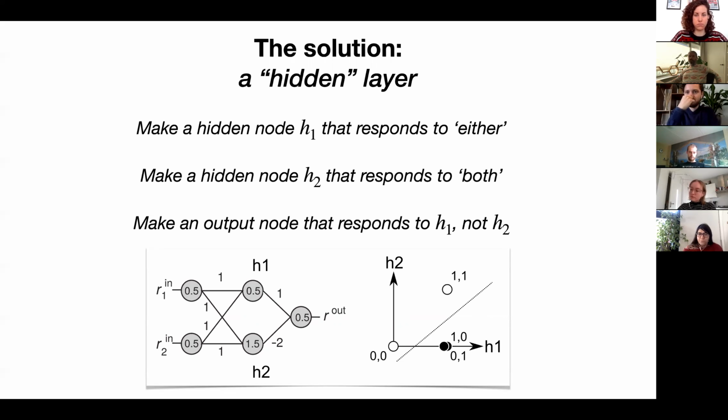And then, because we have this extra layer, we can make an output node that responds to H1 and not to H2. And we have just solved our problem. So this extra layer allows us to duplicate and fold over the problem space, so that these two situations occur at exactly the same point, and then we can draw a straight line, right?